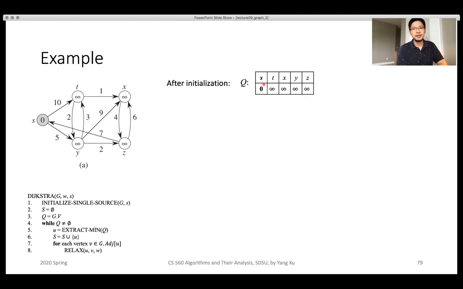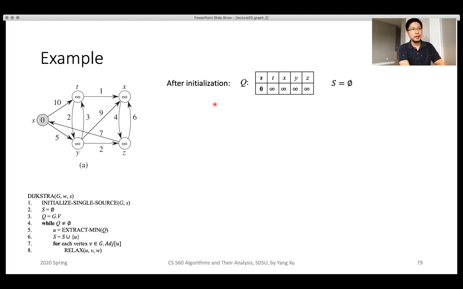S has 0 and all the other values are infinity. We also have S initialized to an empty set. So that's the initialized status of Q and S.